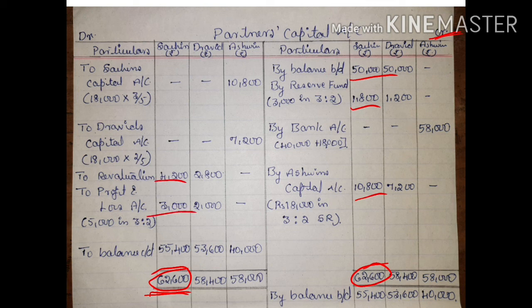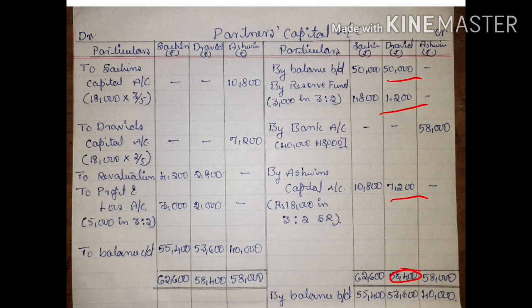Now we will get the closing balance of capital, 55,400. So this is how we are calculating the closing capital balance. Next, Dravid's capital balance 50,000, 1,200 plus 7,200. So total how much?